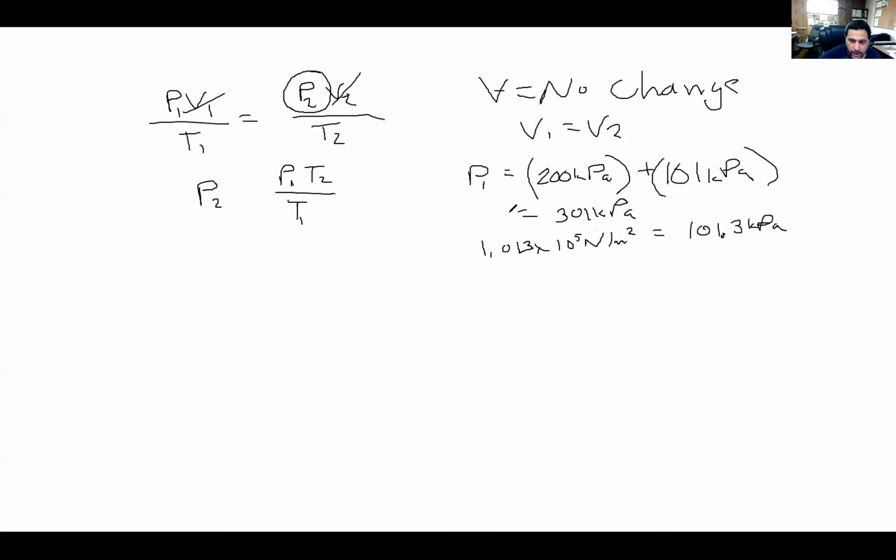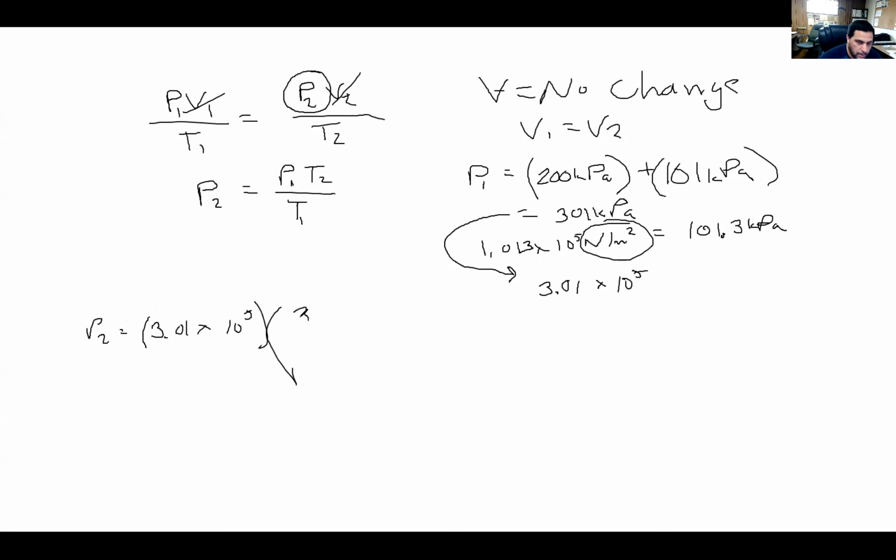If I want to convert 301 kPa to units of Newton per meter squared, which is what I need to use in this equation, it's 3.01 times 10 to the fifth, right? So P2 is 3.01 times 10 to the fifth.